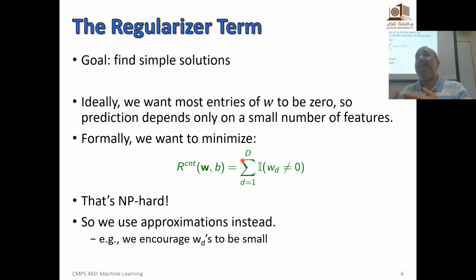If we will not be able to get many of them to be zero, let's try to get many of them to be as small as possible. If we get them as small as possible, that means that maybe the effect of many of the features will be very small. So that's an approximation to our goal.